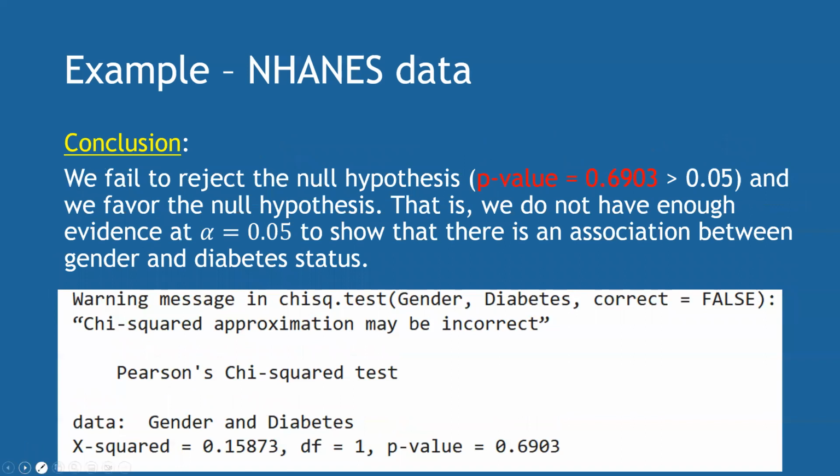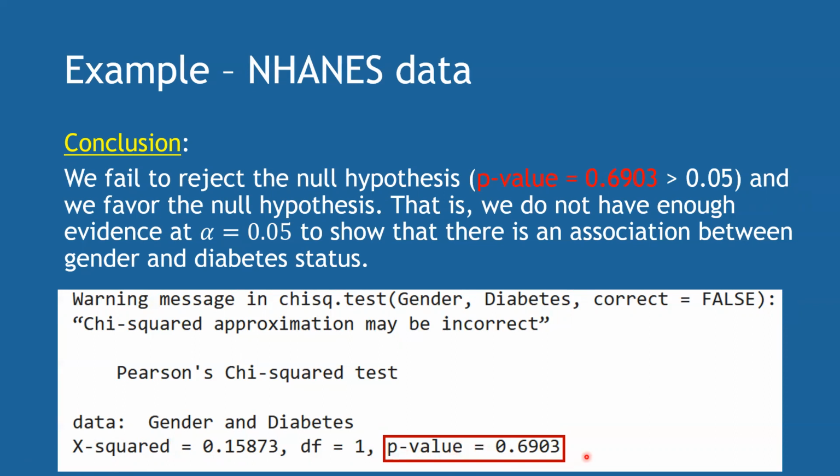Now, what we need to do from this output is pull out the p-value, because remember, we're going to compare the p-value to our alpha level to determine if we reject the null hypothesis or fail to reject the null hypothesis. So for this chi-square test, you'll notice here that we have our chi-square test statistic, we have the degrees of freedom, and then we have a resulting p-value.